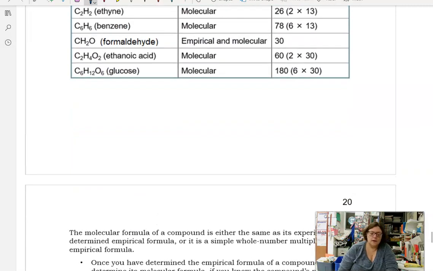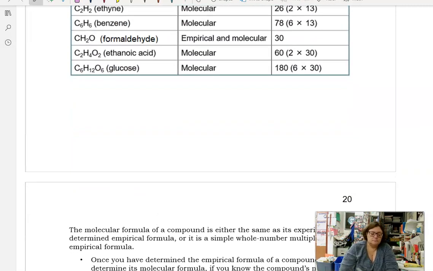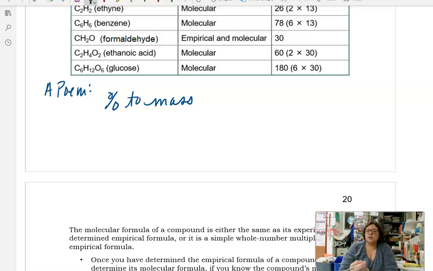Now, the process can be summed up in a poem, which I somehow did not include in the typed part, but you're going to write down here at the bottom. The first line is percent to mass. So you change percent composition to mass. Then you change mass to moles.